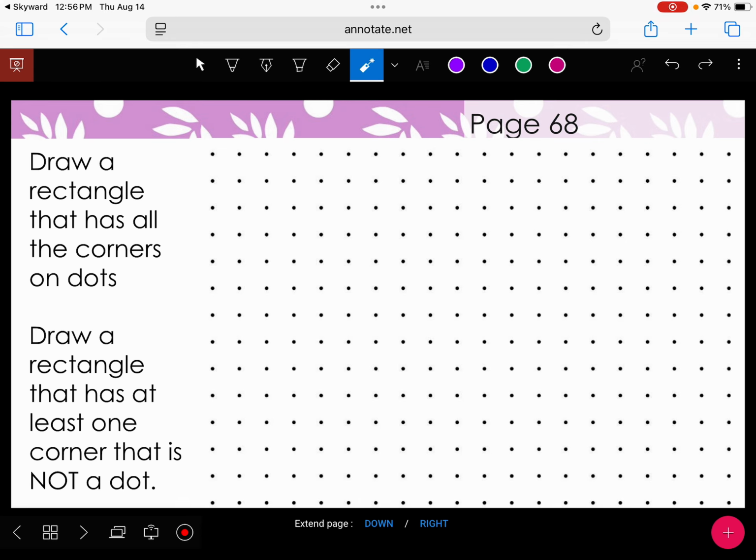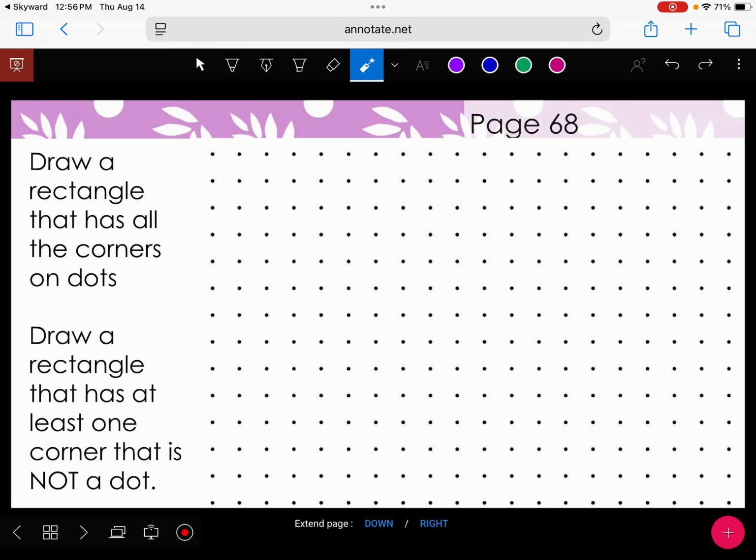So the first thing I want you to do is draw a rectangle on there that has all 4 corners on dots. Draw something. Any size? I'm going to recommend not the whole page. We will be drawing a grand total of 4 rectangles.